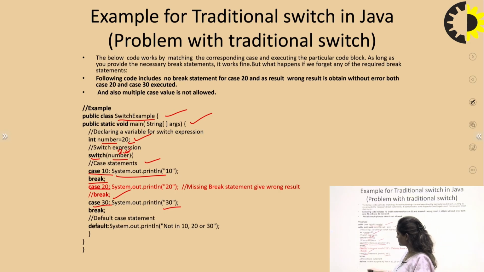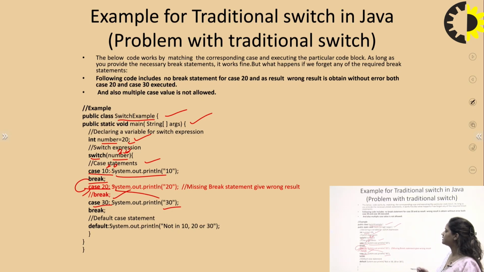When we start executing this program, first 20 is compared with the value 10, so this case is not validated. Then the program control moves forward to case 20. Here the value matches. This is the correct match for this switch validation, and then the printing statement System.out.println prints the value 20.